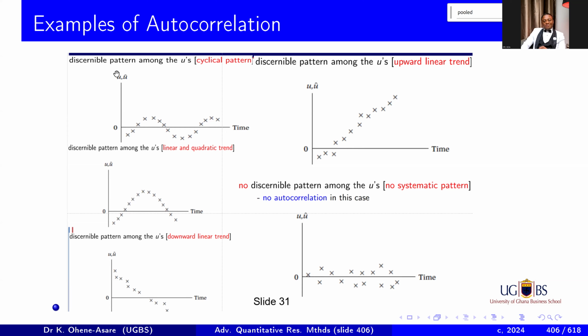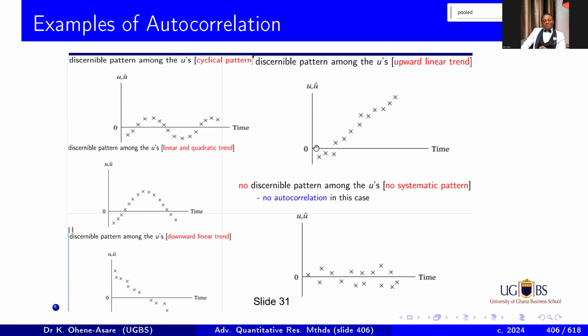Now, this is between the errors and time. I'm using time series autocorrelation, not cross-sectional autocorrelation yet. This is another example, between the errors over time. There's again a clear upward trend in the errors.